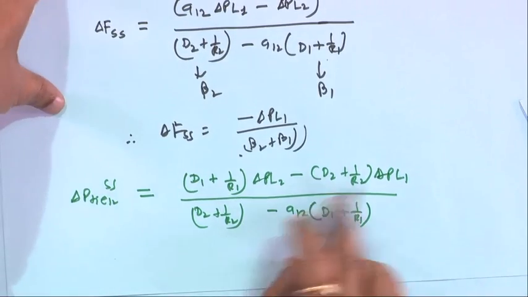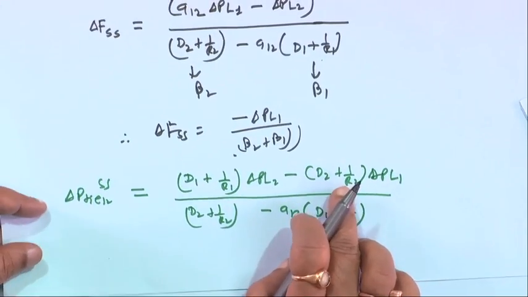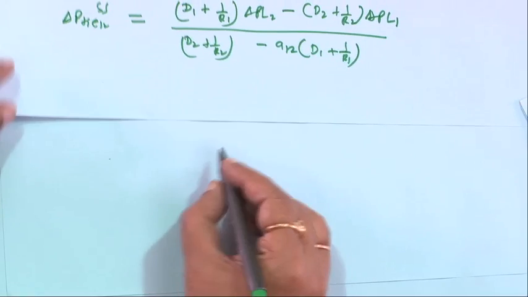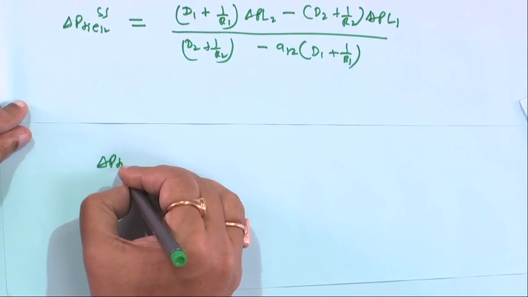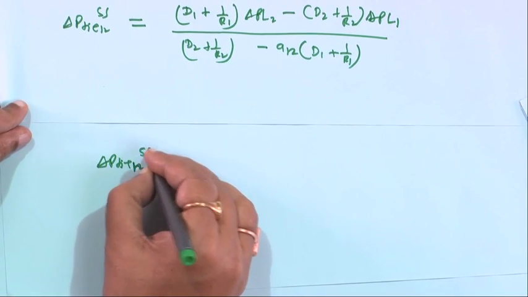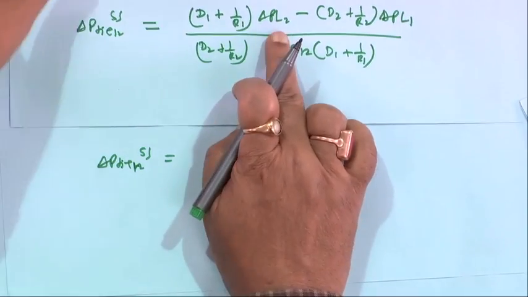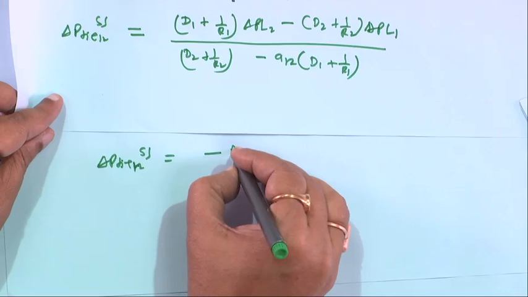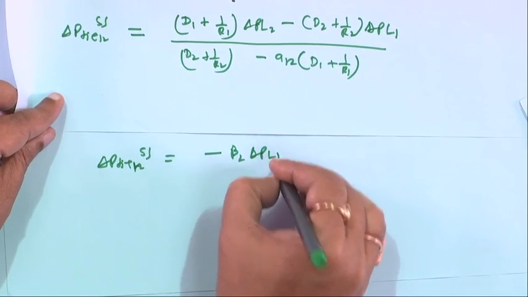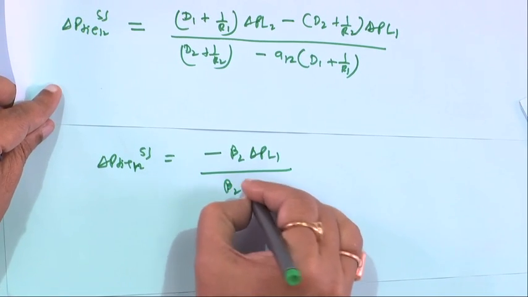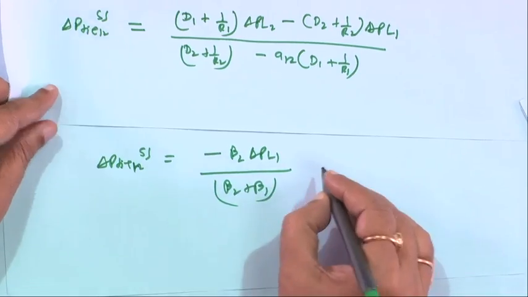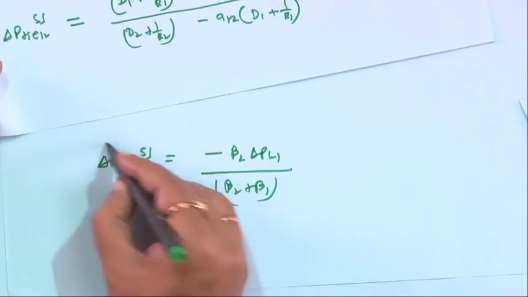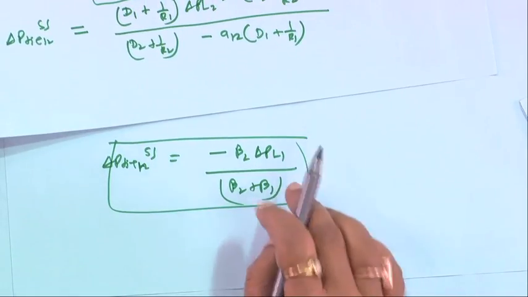Putting delta PL2 to 0, this is beta 2, this is beta 1 and A12 is minus 1. So delta P tie 1 to SS will be, with delta PL2 0 and this being beta 2, minus beta 2 delta PL1 divided by beta 2 plus beta 1. So this is for frequency and this is for tie power after putting those things.